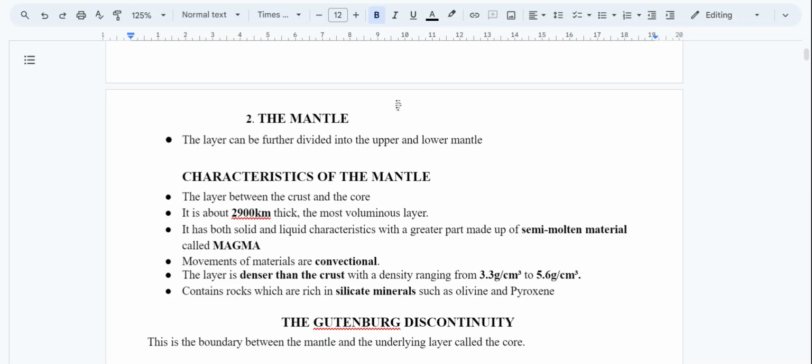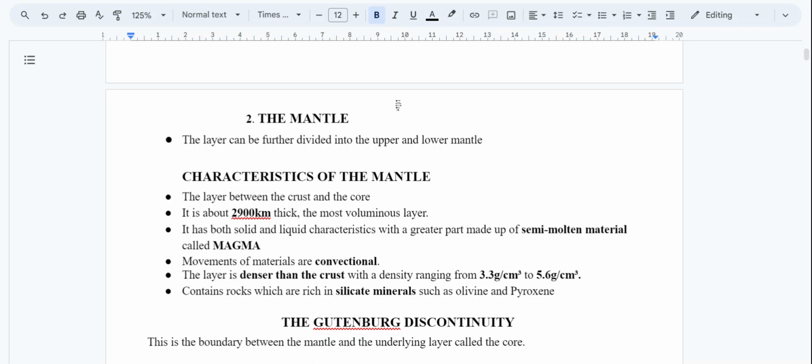Now let's come to the mantle. The mantle is further divided into two, upper mantle and lower mantle. So in general, let's look at the characteristics of the mantle. The mantle is the layer between the crust and the core. It has a thickness of about 2,900 kilometers.